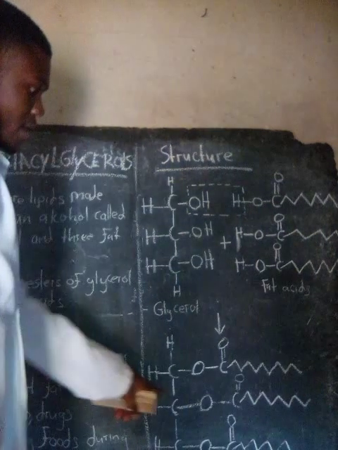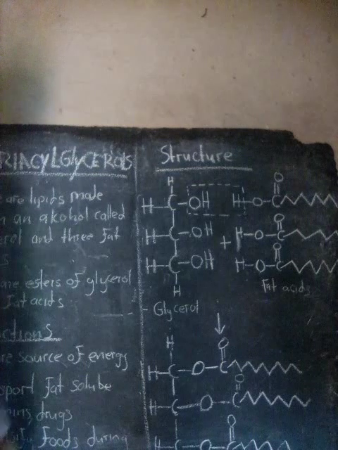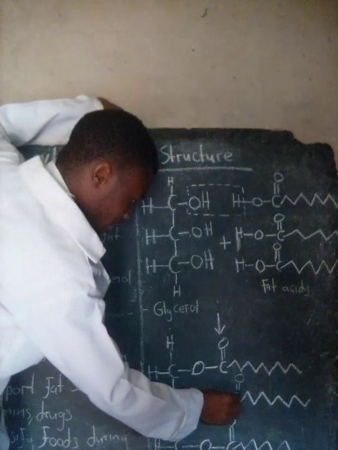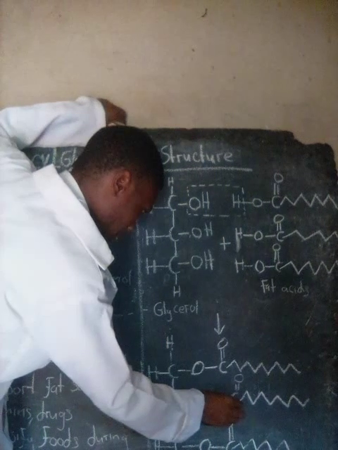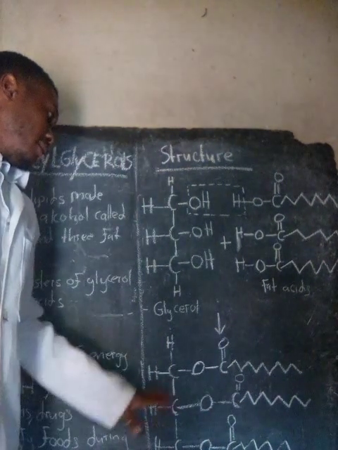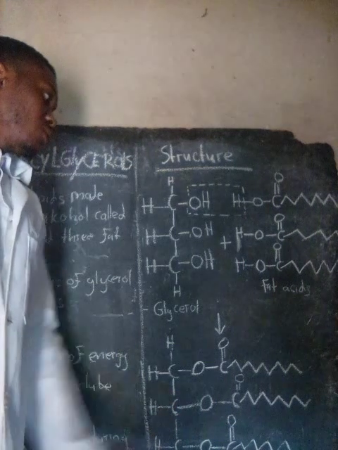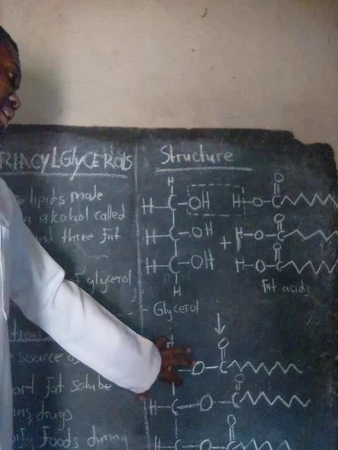So what we have here now is what we call a triglyceride. So this molecule, this is a carbon, and the molecule formed now is what we call a triglyceride or a triacylglycerol. So it is important that you know how to draw these structures.